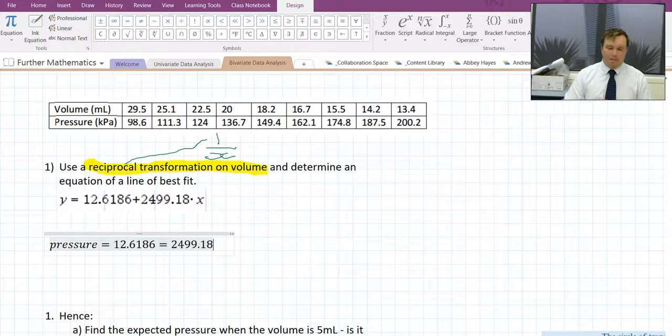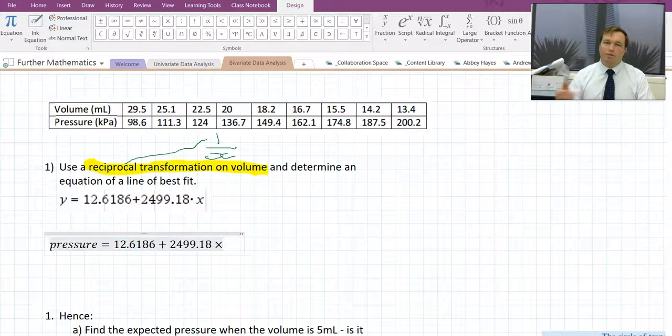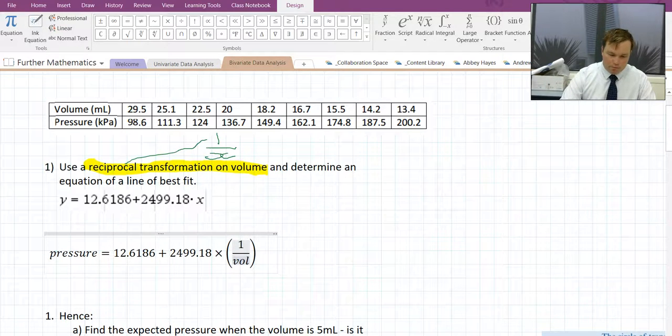And typically, they would ask you for a certain number of significant figures here, so you wouldn't have to write them all out. And then this is multiplied by not just x. I realize it's the x-axis, but we've transformed the x-axis, so now it is 1 over x. And it's not x anymore even, it's 1 over volume.